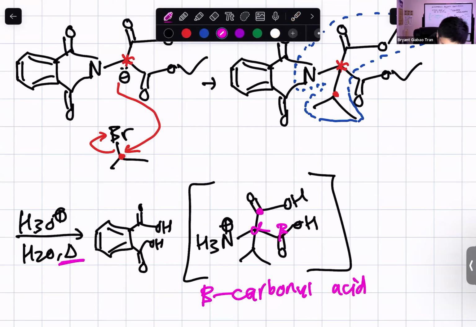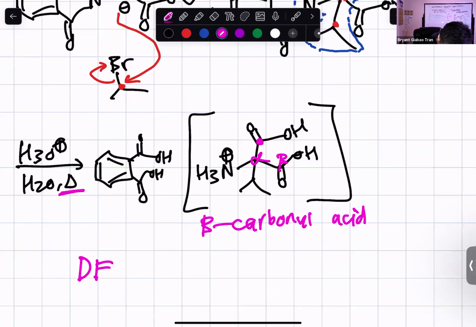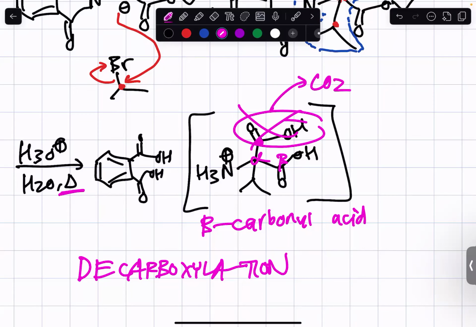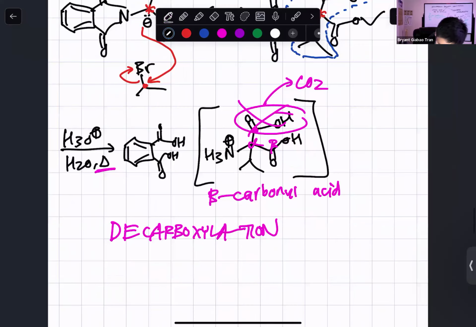Reacting with heat, that is a sneaky reaction called decarboxylation, where one of the carboxylic acids is going to disappear and get spit off as CO2. So then we get that carboxylic acid right there.